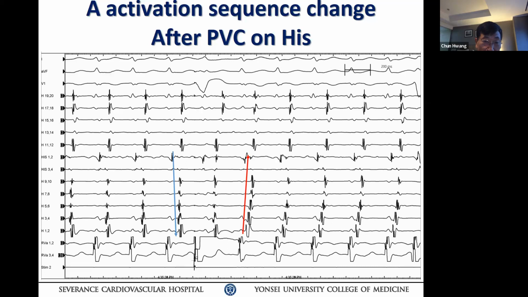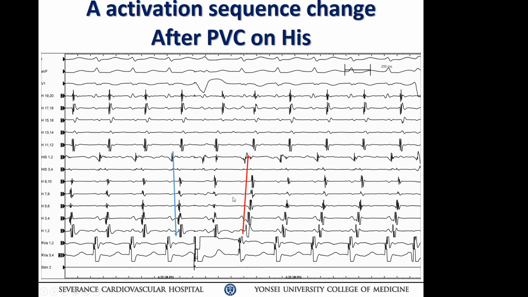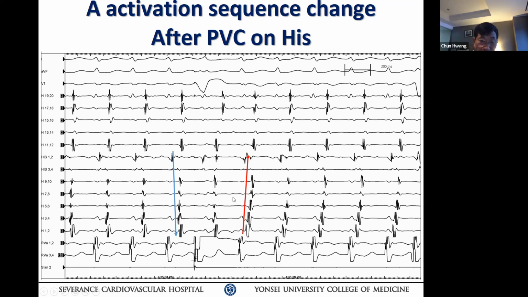So after that ventricular premature beat, what do you see? You said the tachycardia activation changed. How many beats do you think it changed? Is the septal pathway completely blocked, truly blocked, or still conducting? The tachycardia rate between the first two beats on the H1920 and the last 1920, is it the same or different?